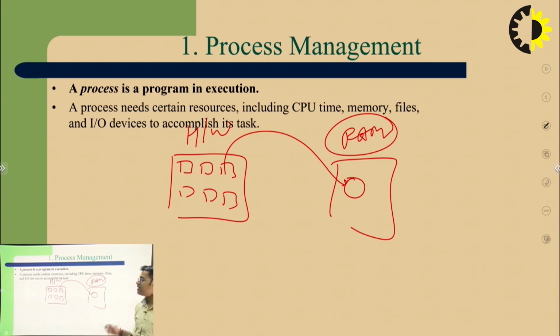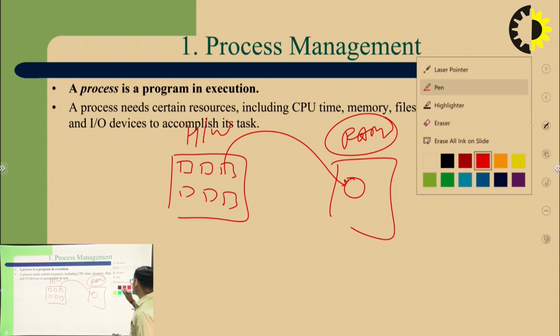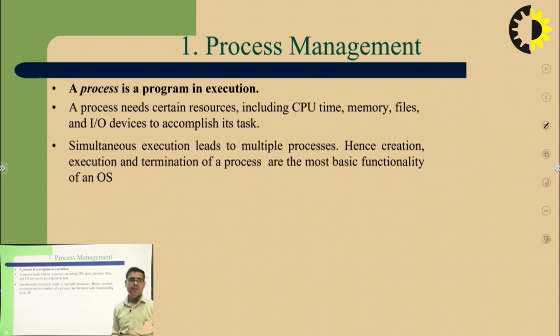A process needs certain resources like CPU, memory, files, and input output devices to accomplish its task. Multiple processes execute simultaneously. Execution and termination of processes are among the most basic functionalities of an OS, because in RAM we deal with multiple processes.